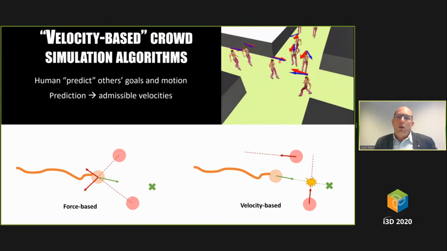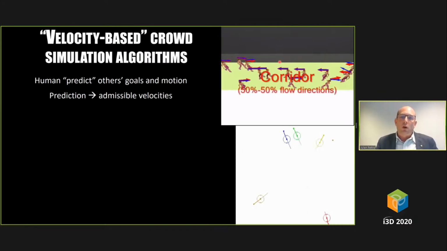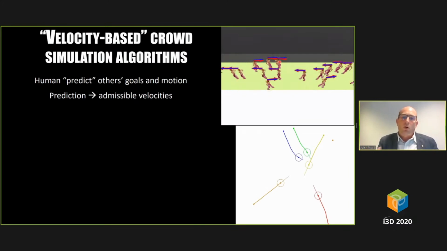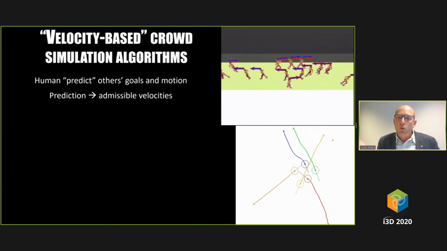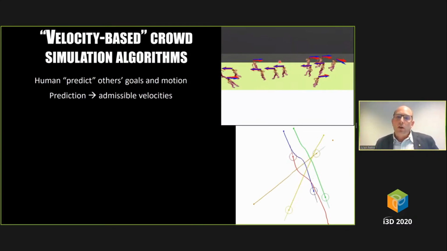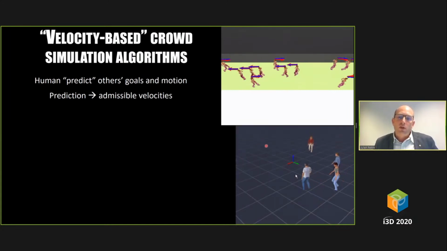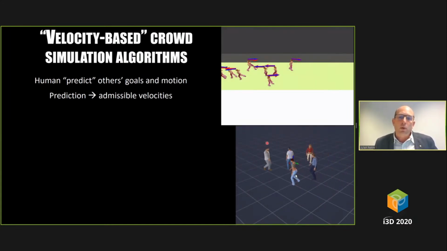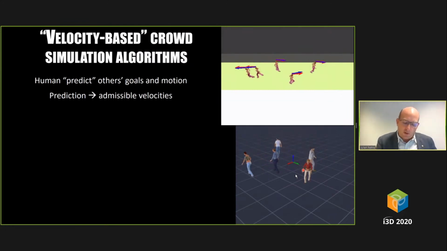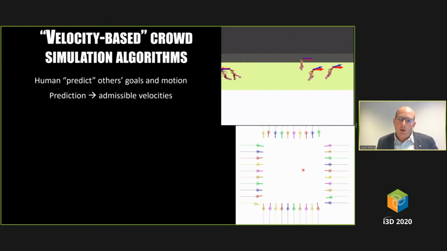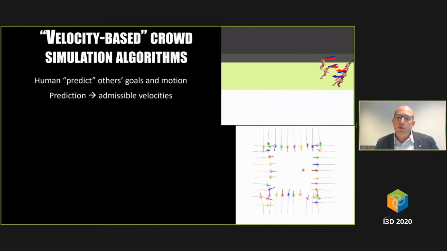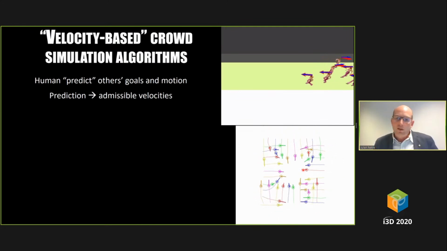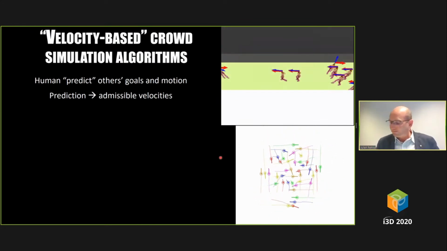And as for force-based or boids, you can explore various ways of defining the admissible velocities. In this second paper, for example, we defined a set of admissible velocities through a set of linear inequalities based on the relative velocities of agents.